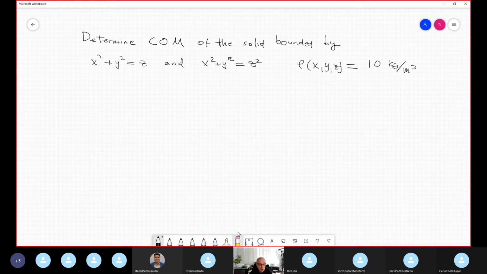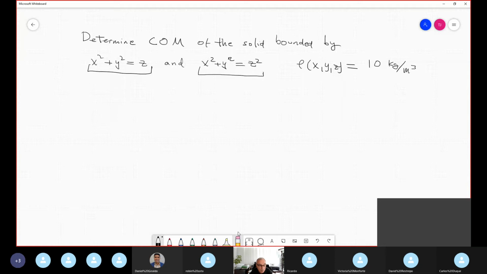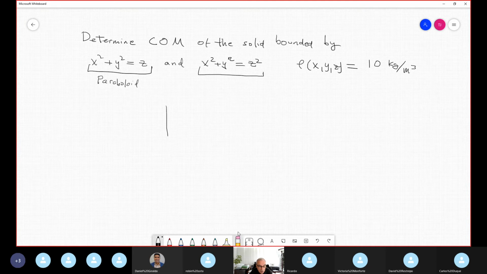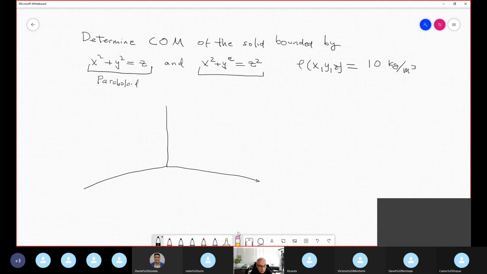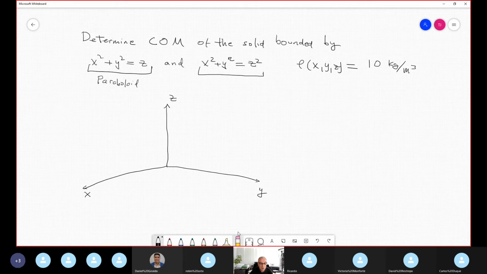First of all, identification of these surfaces. I try to make the graph in 3D. Paraboloid, very well. Paraboloid along what? I need more information. Along z, very well, because z is not squared. It's a paraboloid.